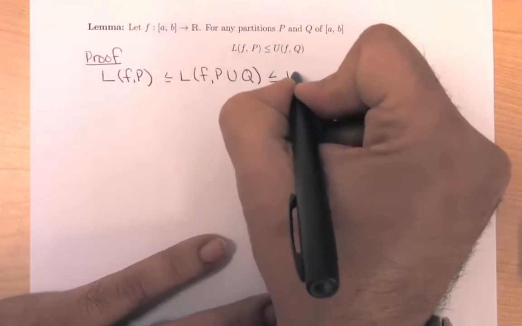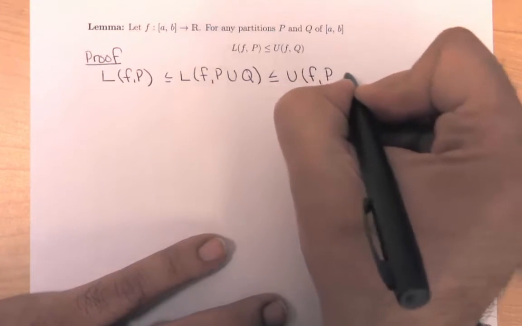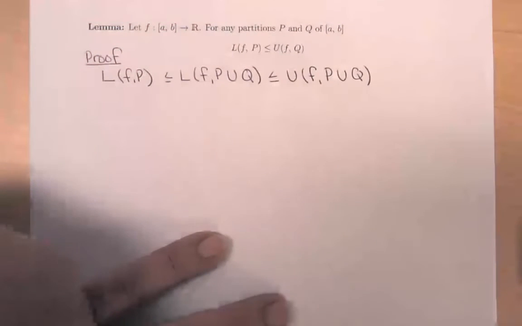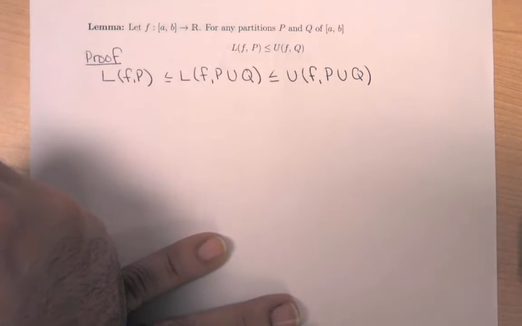Now, that's less than or equal to the upper sum over the same partition. How do I know that the lower sum is less than or equal to the upper sum over the same partition? Well, if we remember the pictures of what these look like, I think this inequality should be clear.